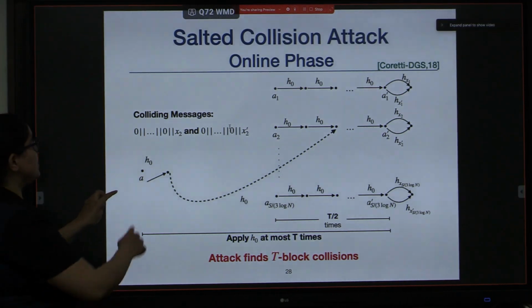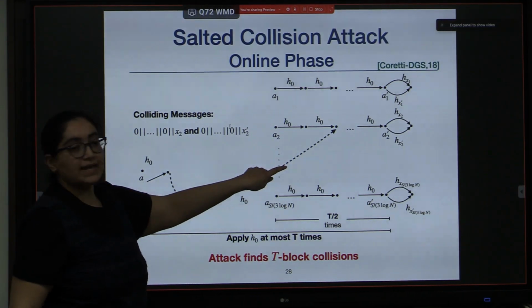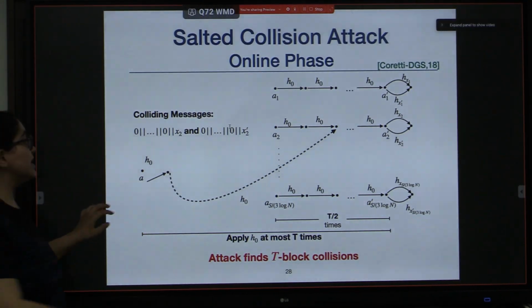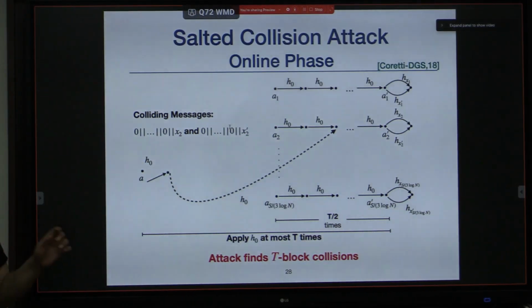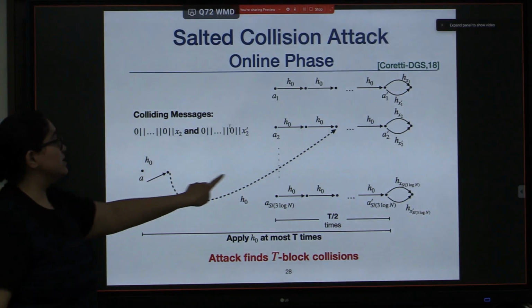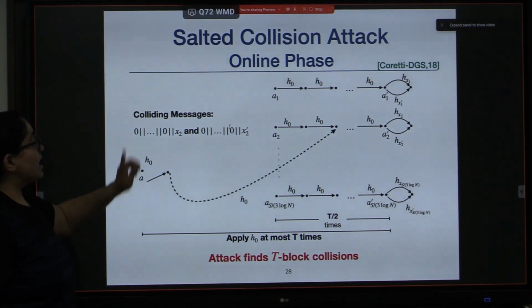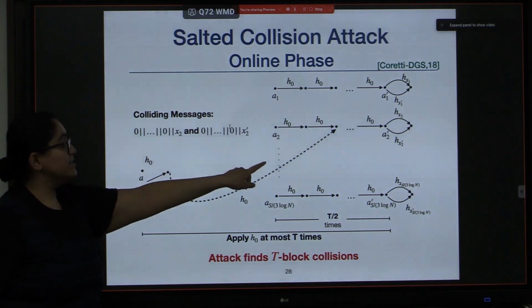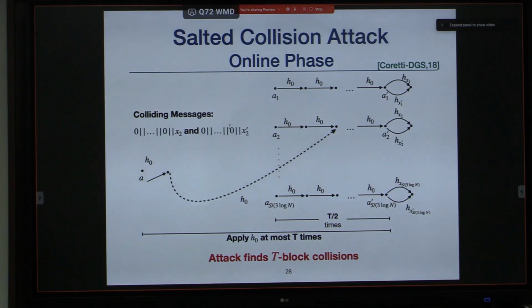Your collisions would be all the zero messages along with that x2, x2 prime. Say if it hit this salt here, and at the end it was a2 prime, so your collisions would be all these zeros and then your x2, and the other message would be zeros concatenated with that x2 prime, right? So this could be potentially t blocks long.